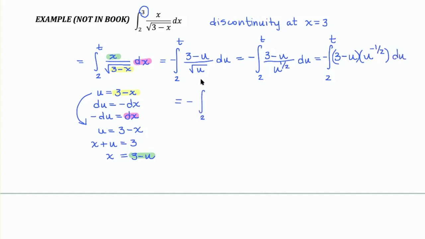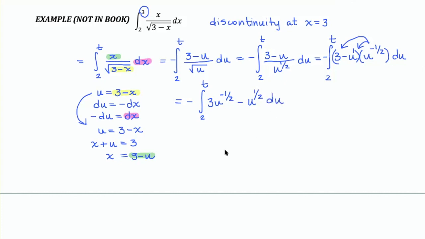Continuing along, I would next distribute this u to the negative 1/2, and I would get 3u to the negative 1/2 power minus, remember when the bases are the same, we're adding the exponents, so I'm going to get u to the 1/2, which is positive.